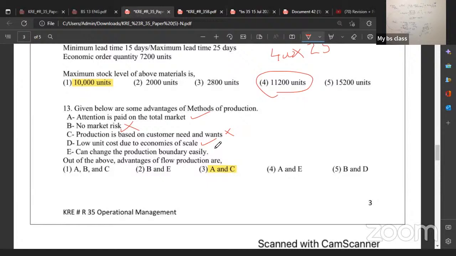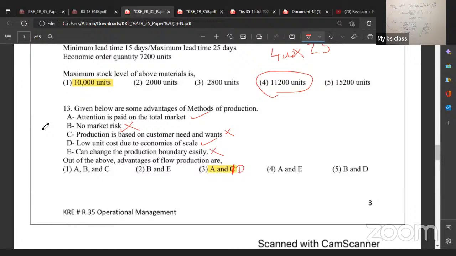And we have an answer of A and D. There is no answer of A and D. Yes, but we have to make a change, and we make this A and D. In such a case, just mention your answer.